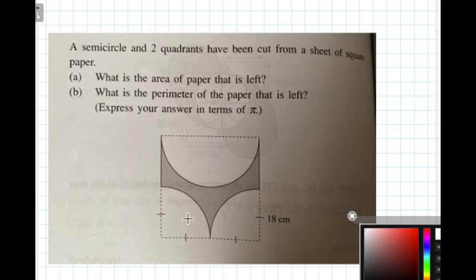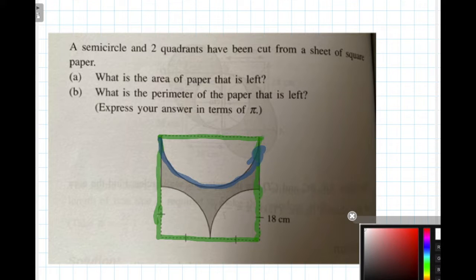Minus away this semicircle from the box. When I minus away the semicircle, I will have this shape here. I'm left with this shape here.